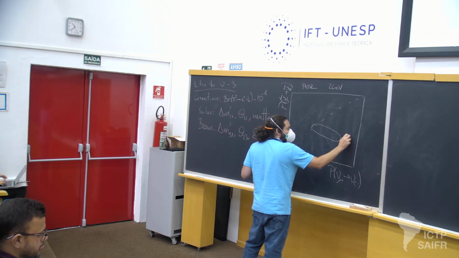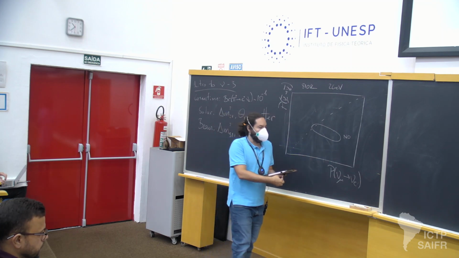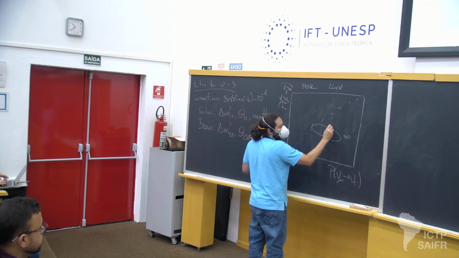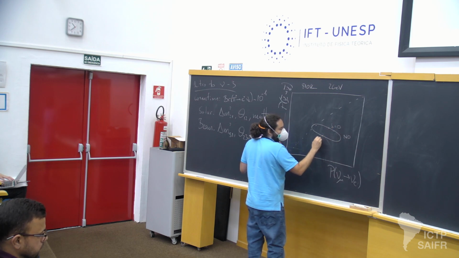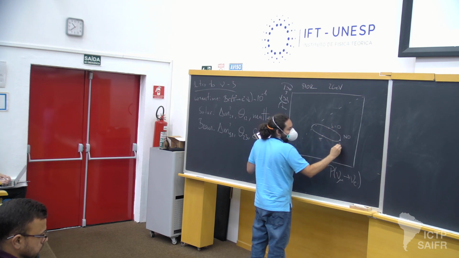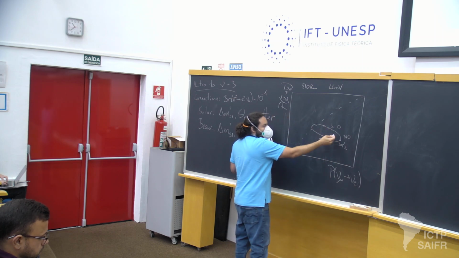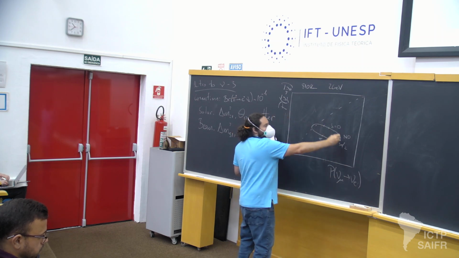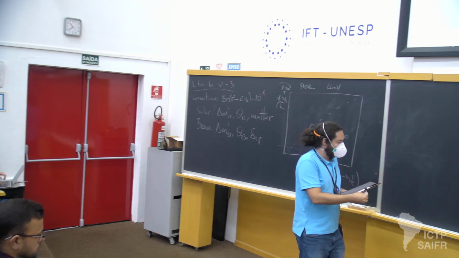Let's say this is for normal ordering, all right? Let me put here a few values. This would be delta CP equals 0, delta CP equals pi, delta CP equals 3 pi over 2. So in some sense, as you increase delta CP, this point goes counterclockwise.